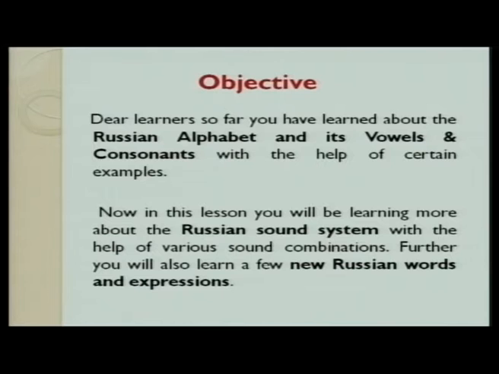Now, in this lesson, we will be learning about the Russian sound system in a detailed manner. We have also given you a few examples to elaborate it further. In this lesson, we will also be learning a few more new Russian words and expressions. So, shall we go ahead?